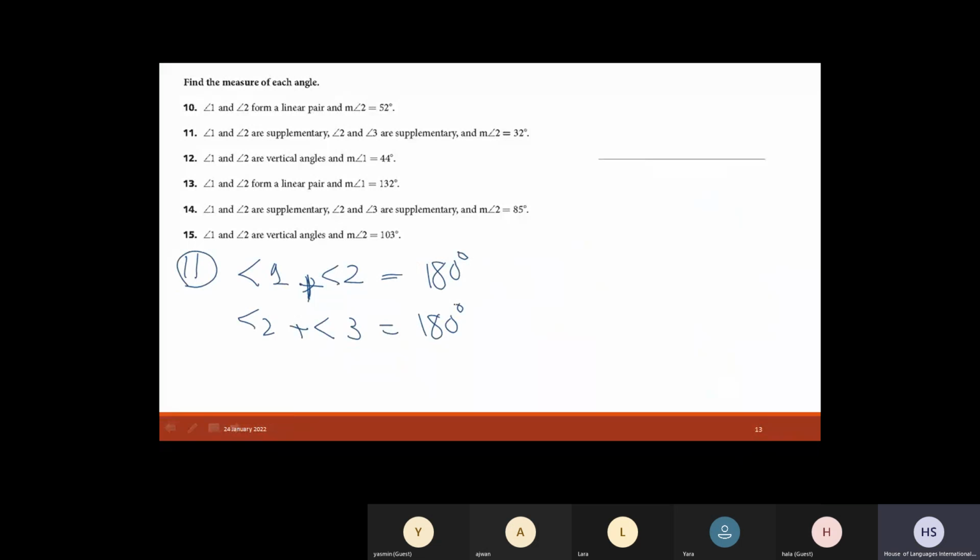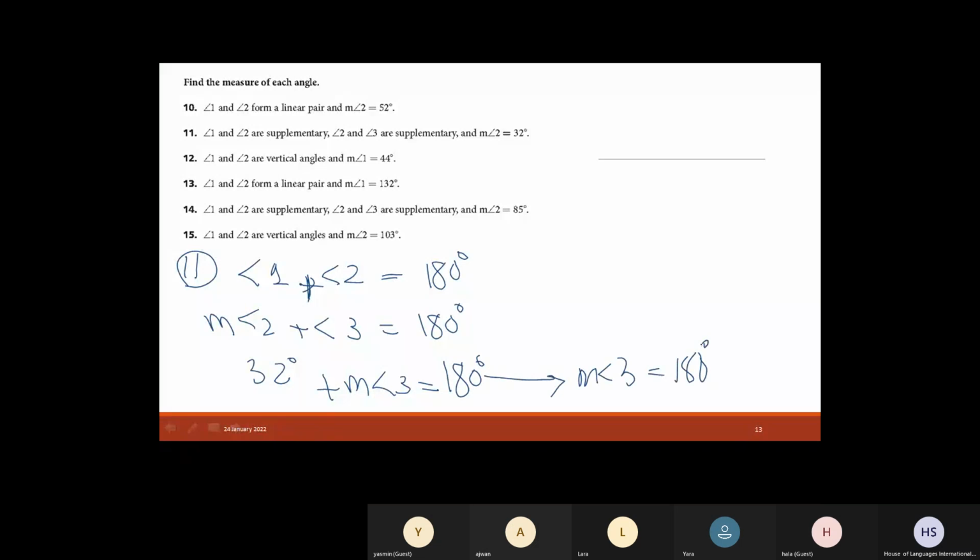If you know that the measure of angle 2 is 32, now you will substitute the measure of angle 2 by 32. So you will say 32 plus the measure of angle 3 equals what? 180. Now how can you know the measure of angle 3?